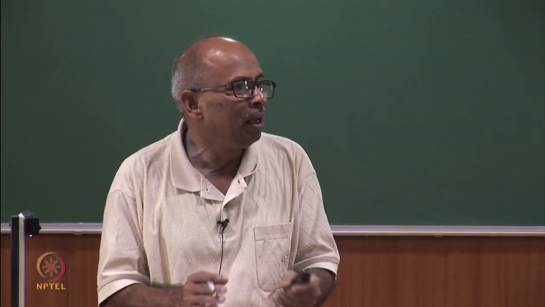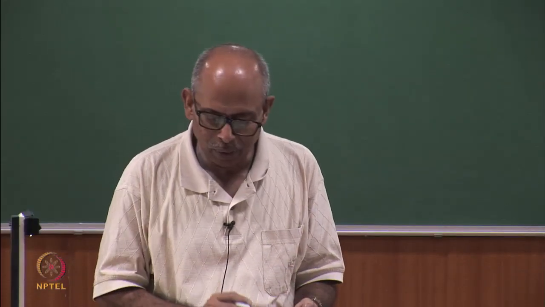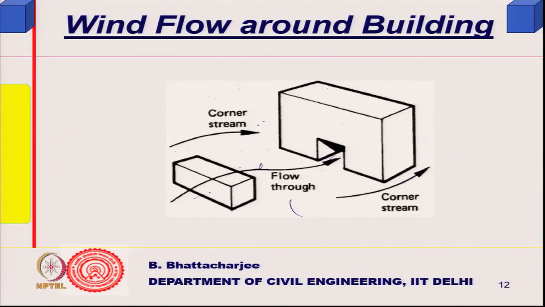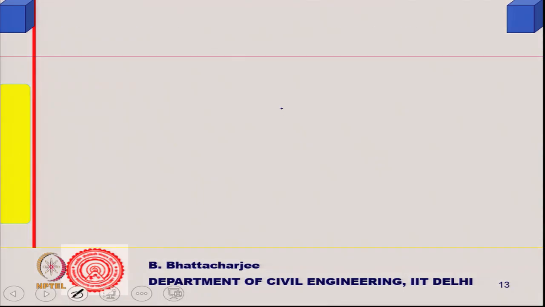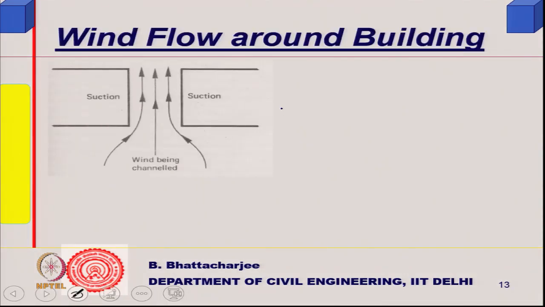I will have higher velocity. So, the corner stream will go like this, and so on. Between two buildings I may have channel flow, high flow around. So, while planning the building, one can keep these aspects in mind.